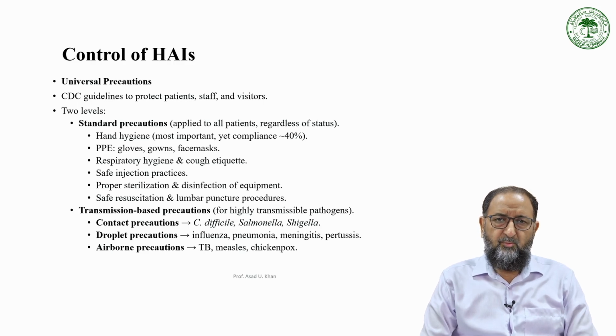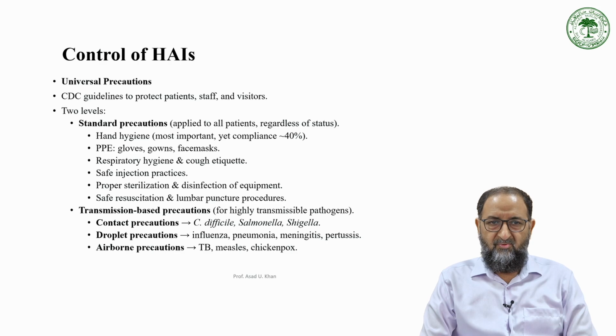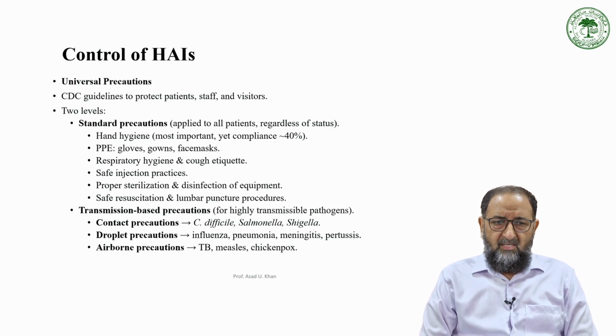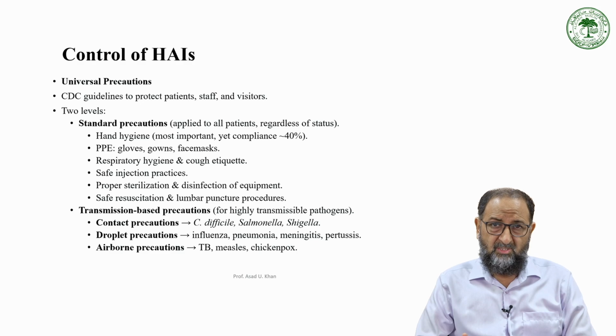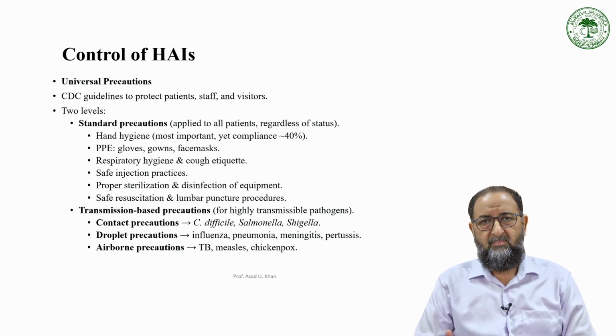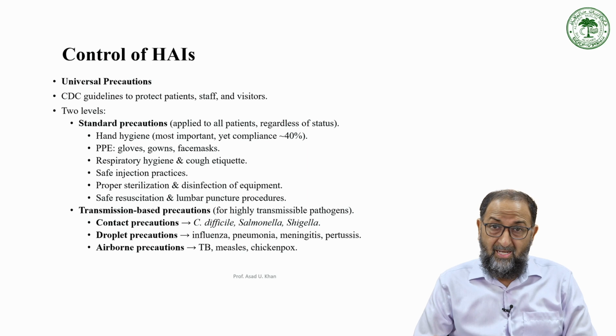All these things are released in the CDC, that is Centers for Disease Control and Prevention, guidelines. Transmission-based precautions for highly transmissible pathogens are contact and droplets. Droplets are very important. Sometimes you may not be aware of the droplets, and they may come to you and cause infection. In that case, the mask is the best way to control the droplets.